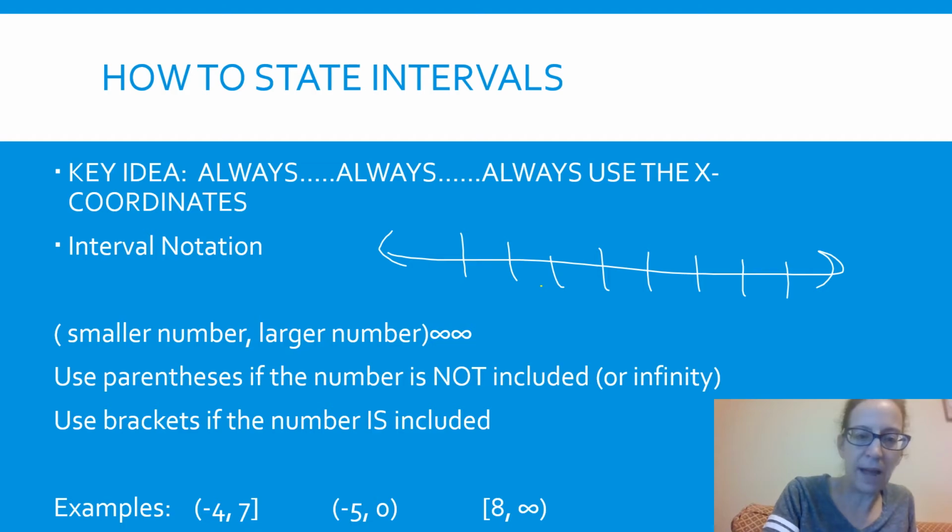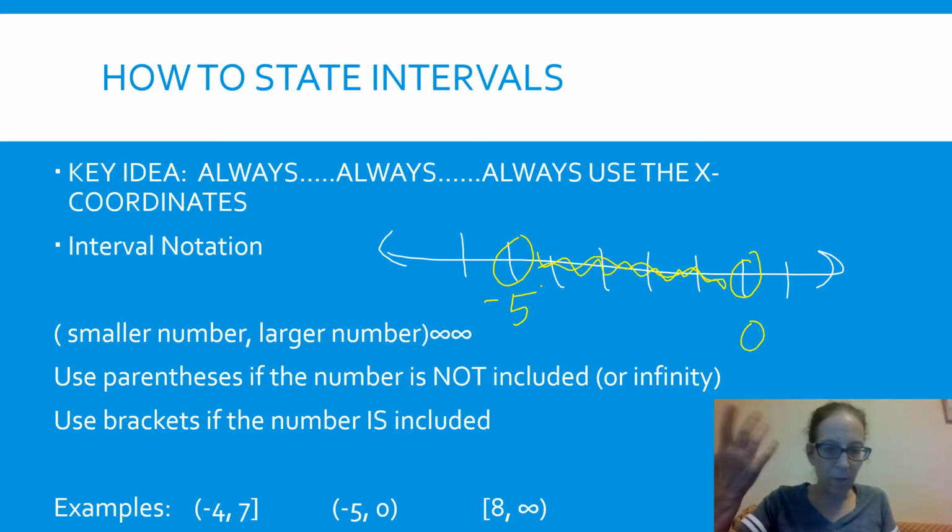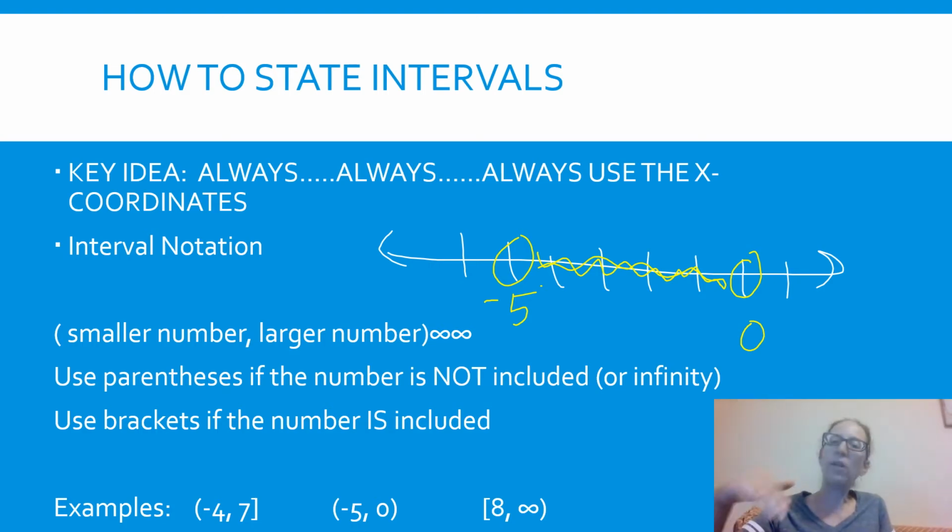We might have -5 in parentheses, so it's not included. Then we have -5, -4, -3, -2, -1, 0, and everything in between. Because both of them are in parentheses, it means neither of the endpoints is included. We mean everything from -5 to 0, but not actually the -5 and the 0.